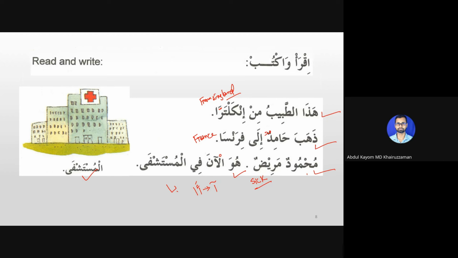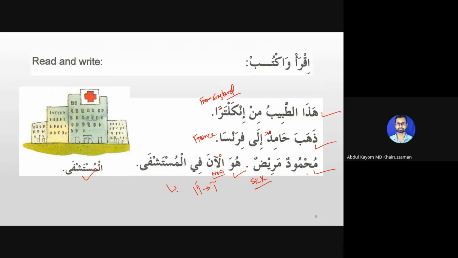So this is hamza with fatha followed by alif. How will we read? Huwal ana. We have to read it a little bit longer. Al an means now.